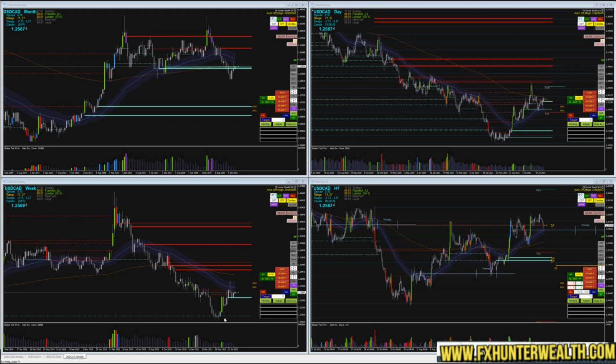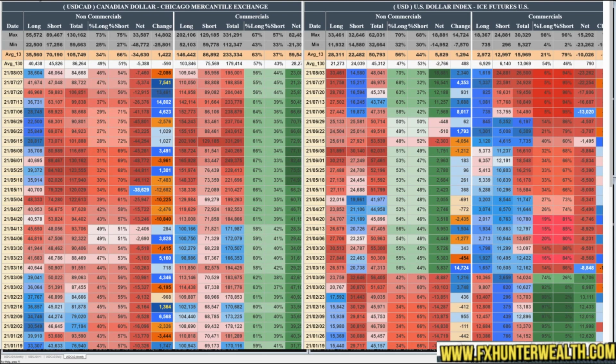So they are closing shorts for the Canadian dollar, which means bullish, because we have US dollar and Canadian dollar. If they are closing the shorts, that means they are bullish on the USD CAD. So we can see these shorts on the USD CAD being closed, so that's positive for the USD CAD.